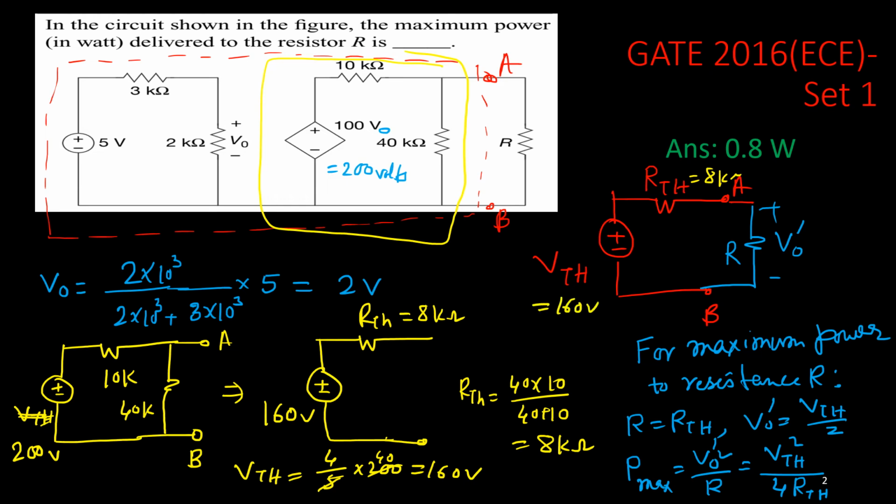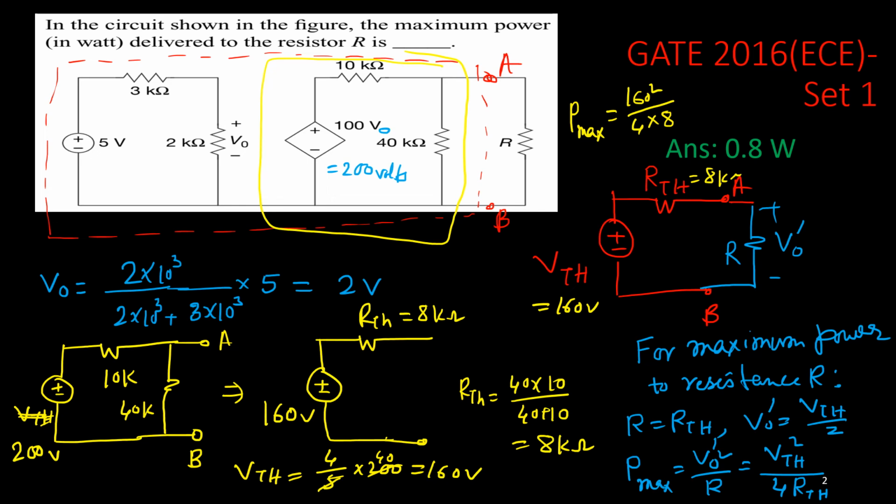So what is the maximum power, P max? That is very easy to compute. So I write it here. Okay. So this P max is simply VTH square upon 4 times RTH. RTH is 8.